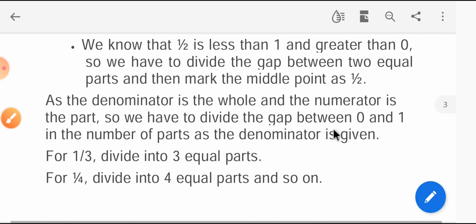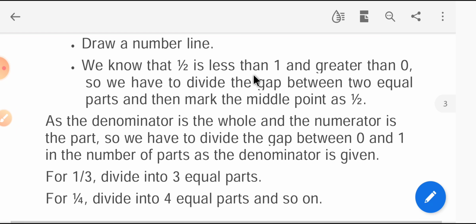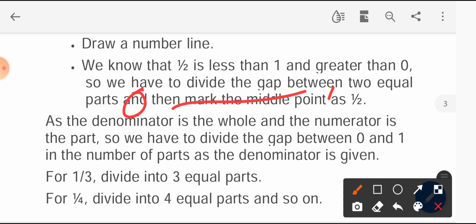We have to divide the gap between 0 and 1 into as many parts as the denominator given. First of all we have to see between which numbers the given fraction lies. So 1 by 2 is less than 1 and greater than 0. It means 1 by 2 will be between 0 and 1 only. We only have to see where 1 by 2 will come.